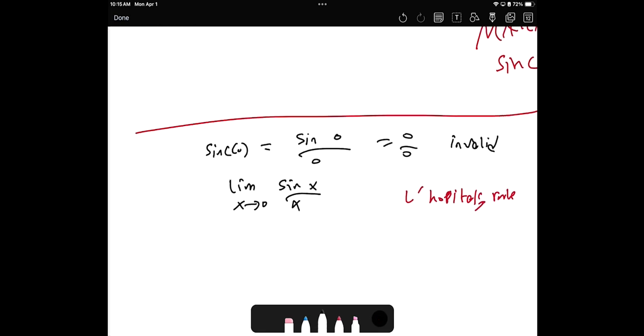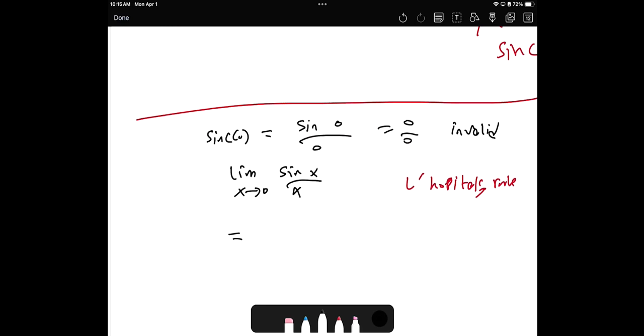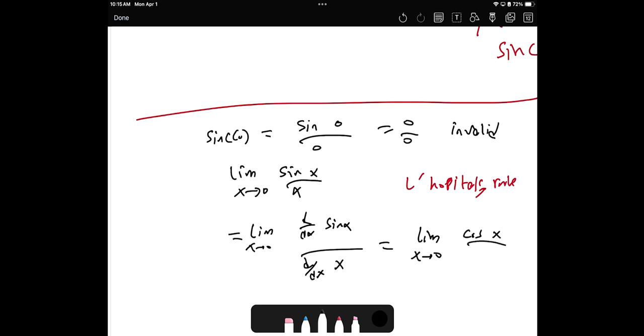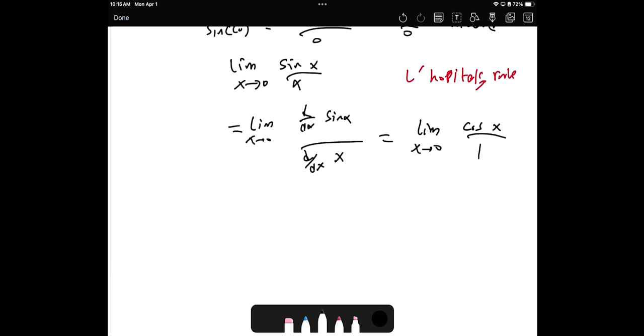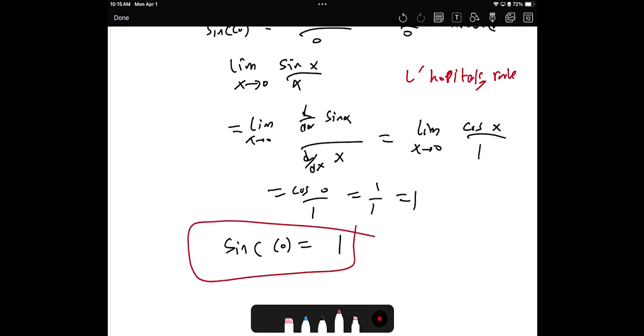Basically you take the derivative d by dx of sine x over d by dx of x, which will basically be the limit when x goes to 0 of cosine x over 1. It's going to be cosine 0 over 1, which is 1 over 1, then it will be 1. Therefore, as a result, sinc of 0 will be 1. We already know this from the properties, but here is just the proof.